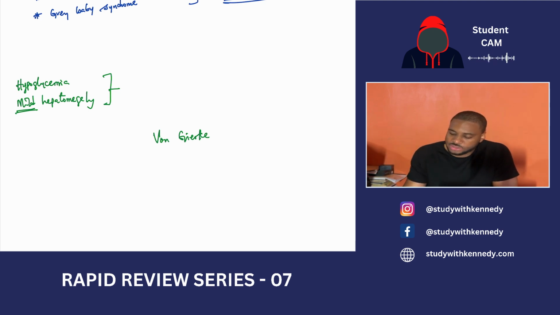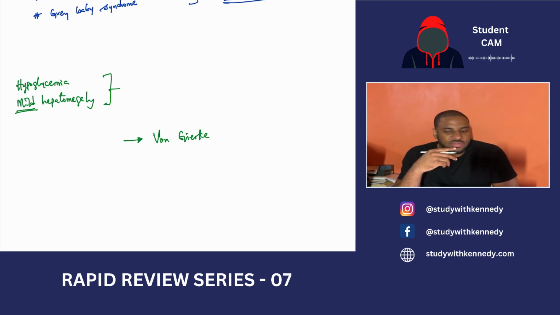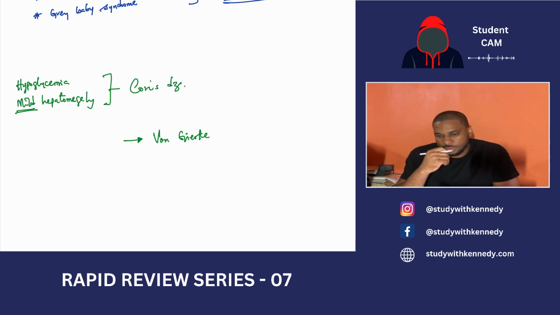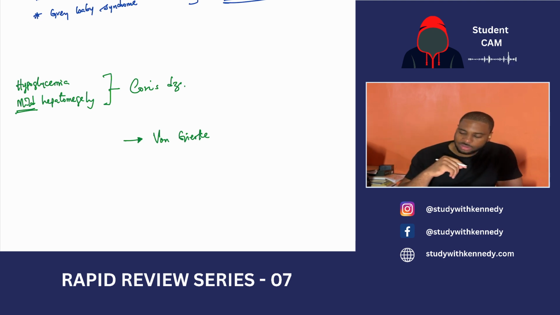What's the milder version of von Gierke in terms of presentation? Exercise intolerance and liver. Cori's disease. Cori's disease is the one with the mild hepatomegaly.